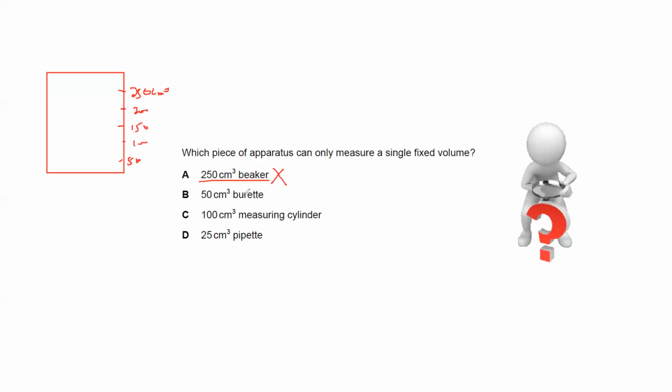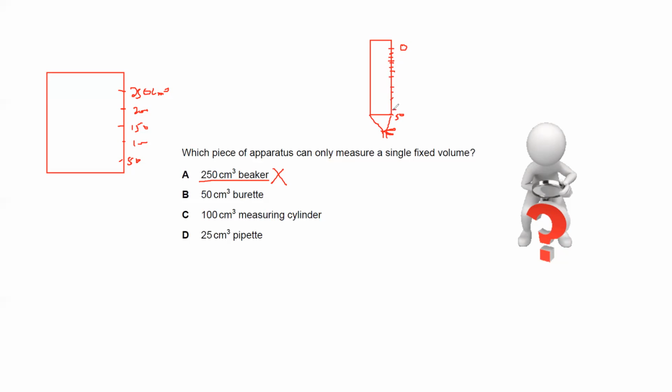What about a burette? A burette has markings as well. This is the tap of the burette, and the burette 0 is at the top. The maximum is 50, and in between there are numbers 0.1, 0.2, 3, 4, 5, 6, and so on.